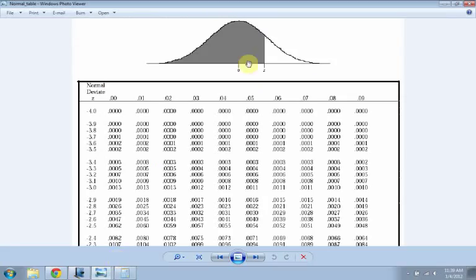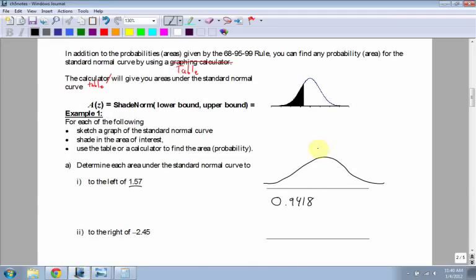And how that would look is, for my normal distribution curve, I would have 0 as the mean, and I would go up to 1.57. What it gives me is the area to the left.